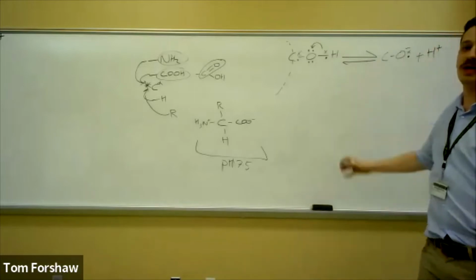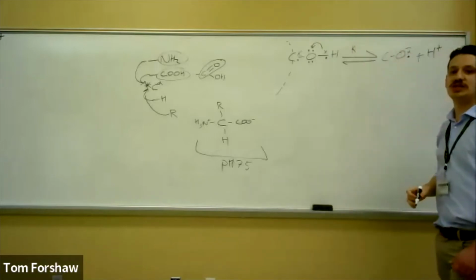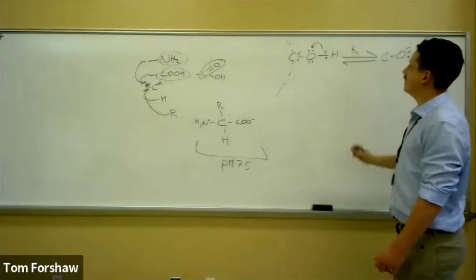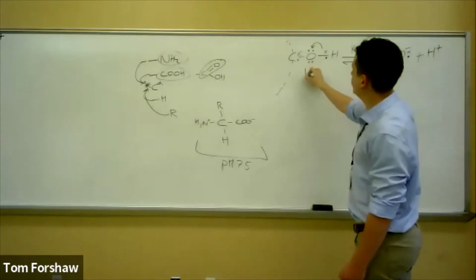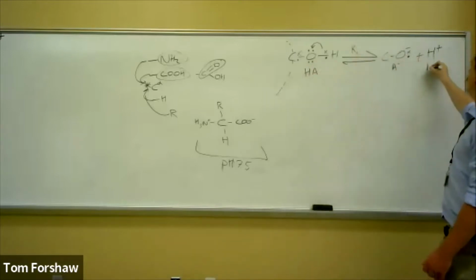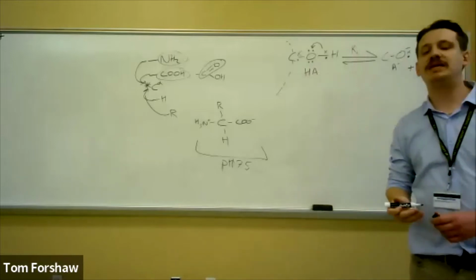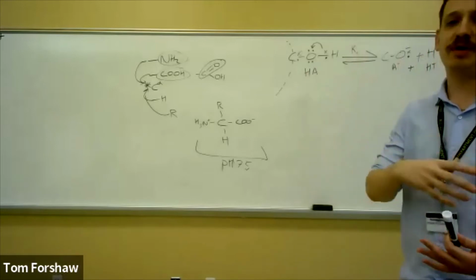Because it's in equilibrium, it has a constant K, and with acids that is Ka. So this is HA, this is A minus, and this is of course our H plus, where we're talking about acid-base chemistry from the previous lecture.